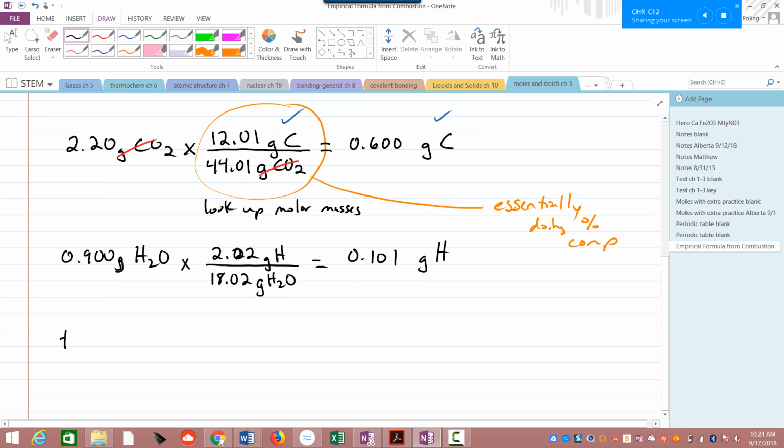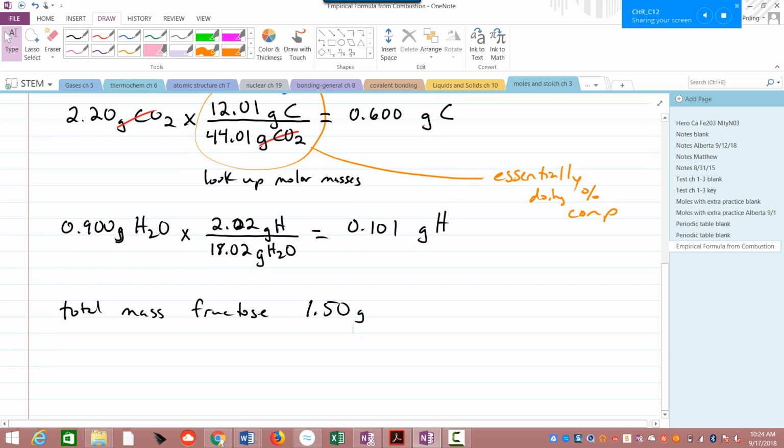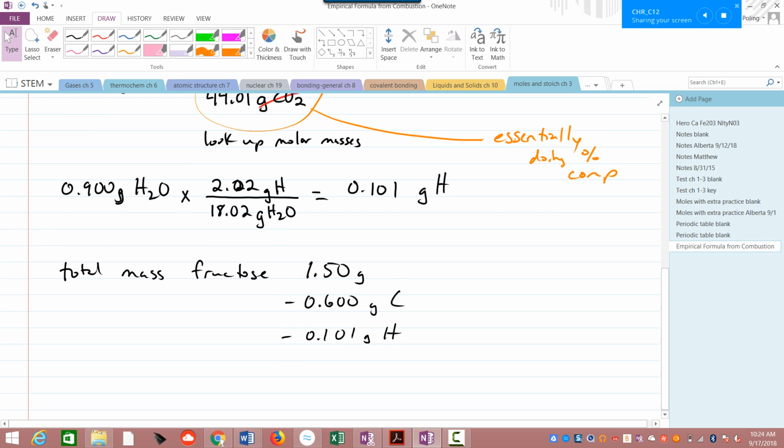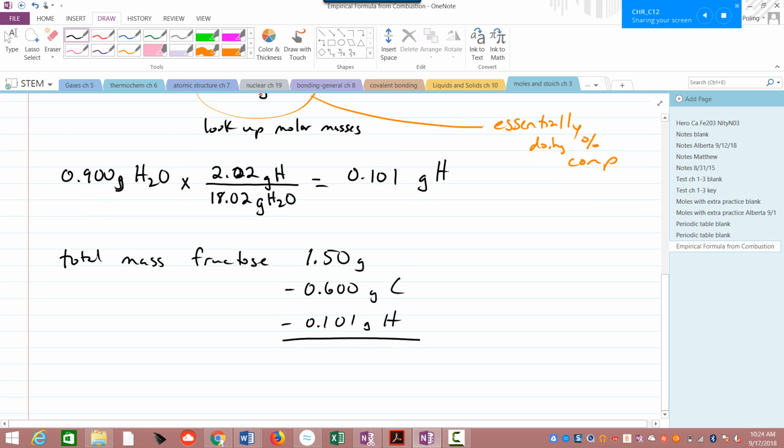Now, we were also told that the total mass of fructose is 1.50 grams. So if we subtract the grams of carbon and the grams of hydrogen from it, we're going to get the grams of oxygen.